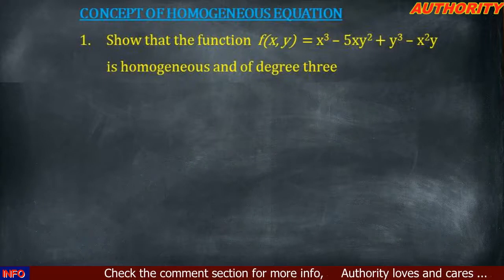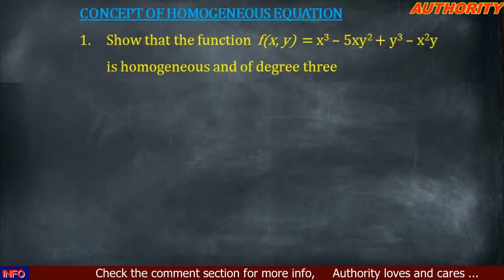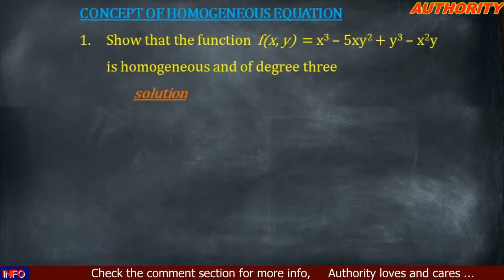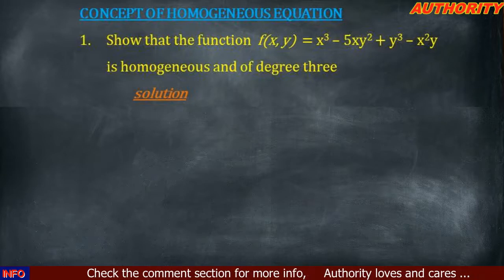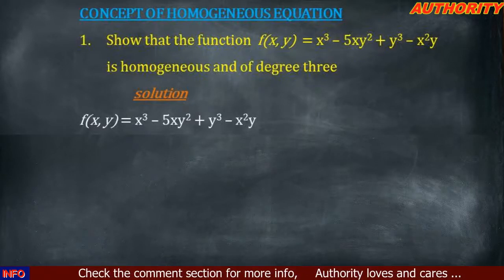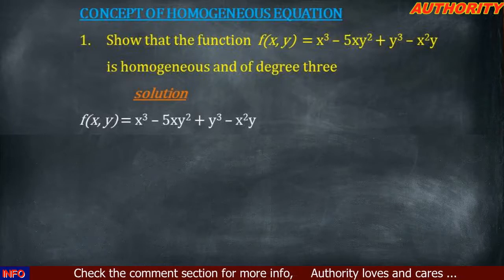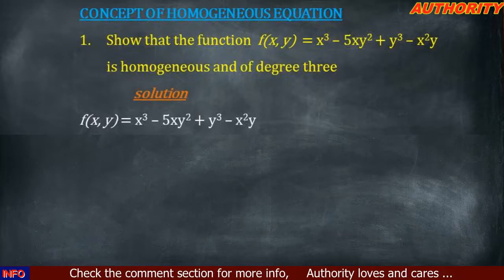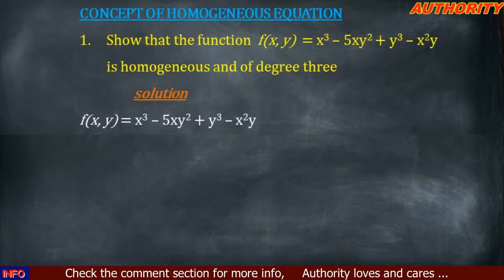So we are asked to show that this function is homogeneous and is of degree 3. Now let's go. Solution. We have the function f of x, y equal to x cubed minus 5xy squared plus y cubed minus x squared y.